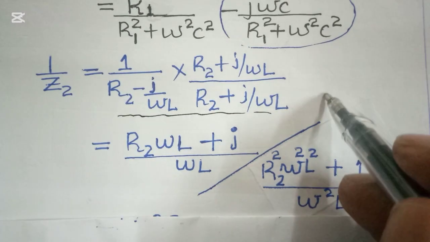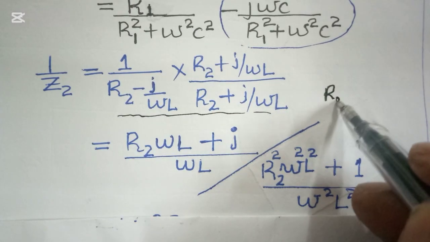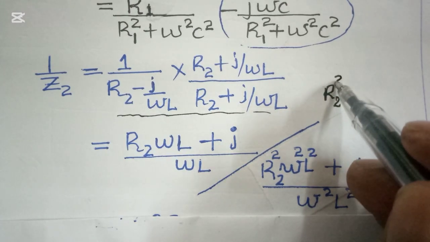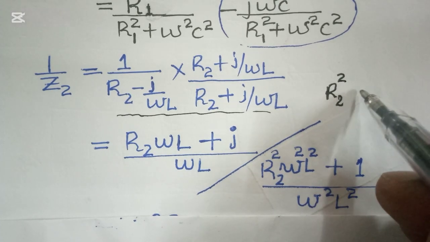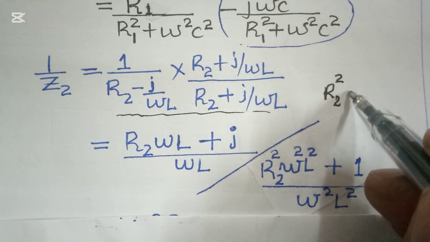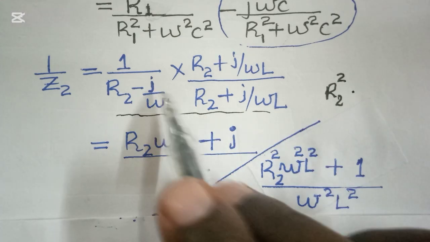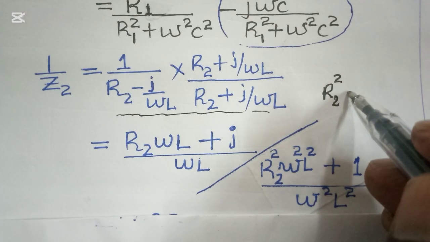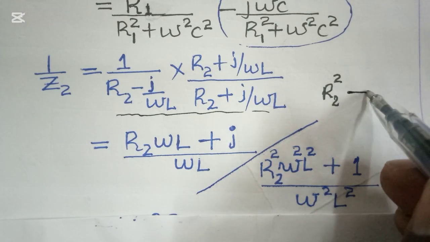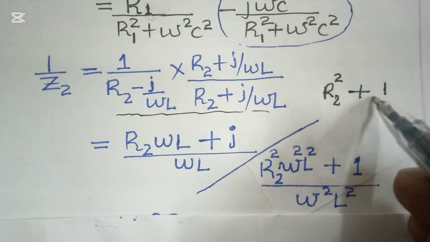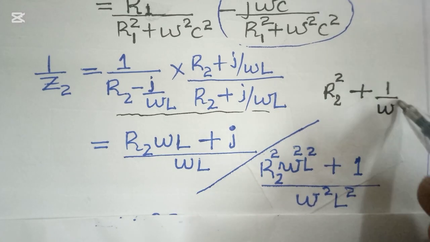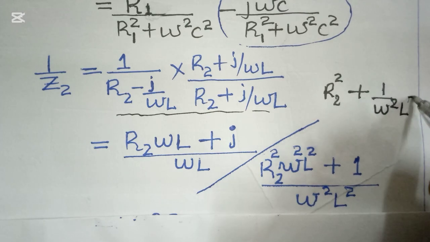We shall get r squared, and you square, that is r2 squared. Now, we shall not have minus because of this j, which will be squared. And so therefore we shall have plus 1 over w squared l squared.